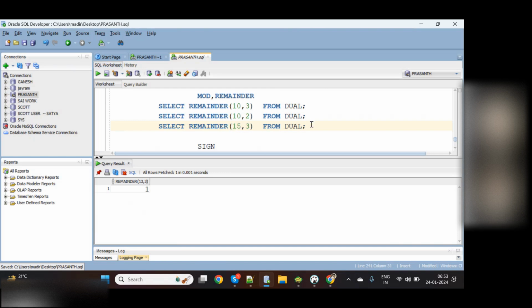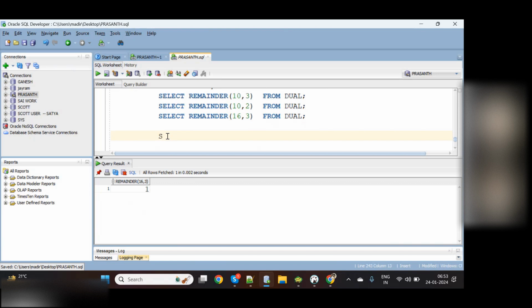If I use 15, 3 fives are 15, so the remainder is 1. Remainder is nothing but the remaining value. There is no difference.